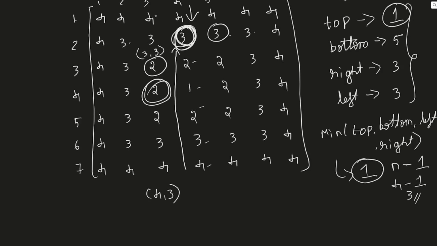From top, how many elements do we have? 1, 2, 3. Min of, from top we have 3 elements, from bottom 3 elements, from left 2 elements, from right 4 elements. Minimum of 3, 3, 2, 4 is 2.